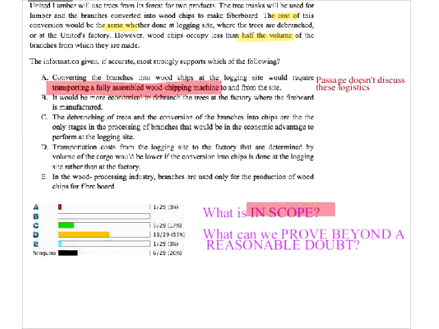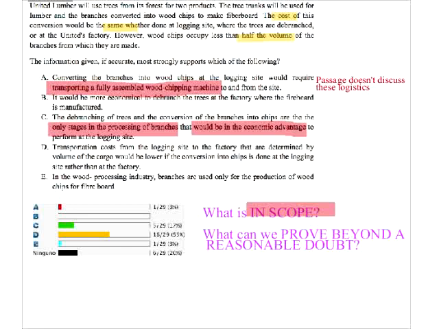It would be more economical to debranch the trees at the factory. Cost is the same, so that's not supported. It's not out of scope, but it's not supported. Only stages in the processing of branches, and that would provide an economic advantage.